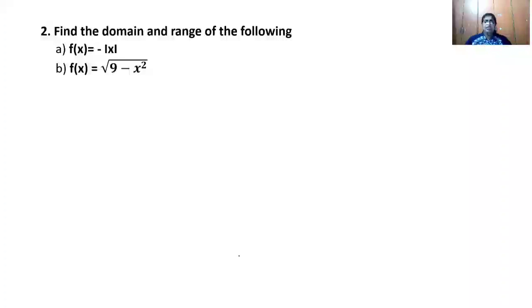Here they have asked us to find the domain and range of the following. Let us take one at a time. We'll take the first one: f of x is equal to minus modulus of x. Now you have just learned what modulus of x is. For modulus of x, we got a V-shaped graph which passes through the origin.